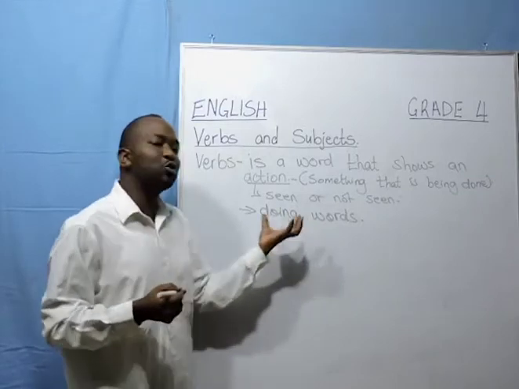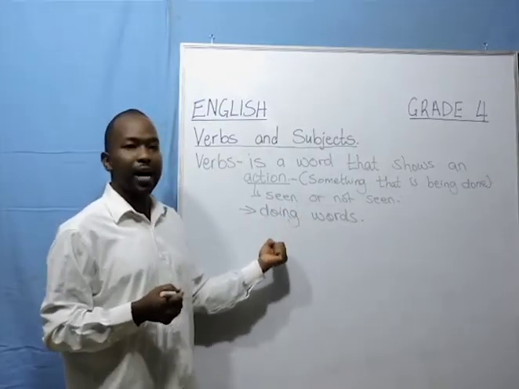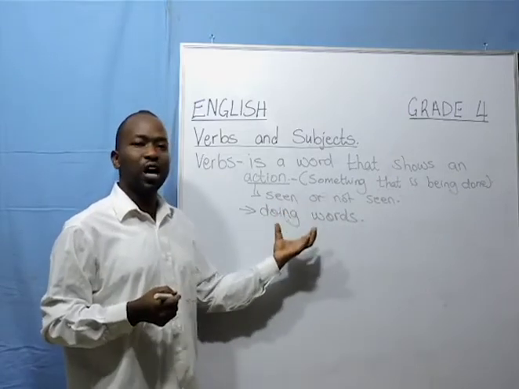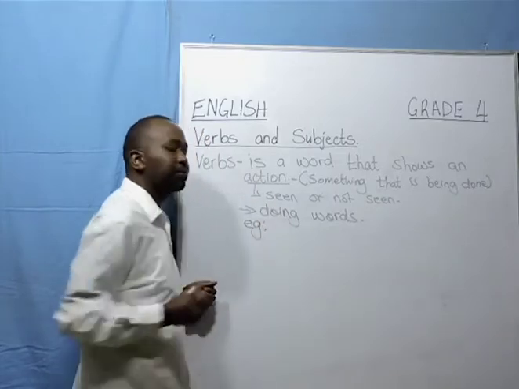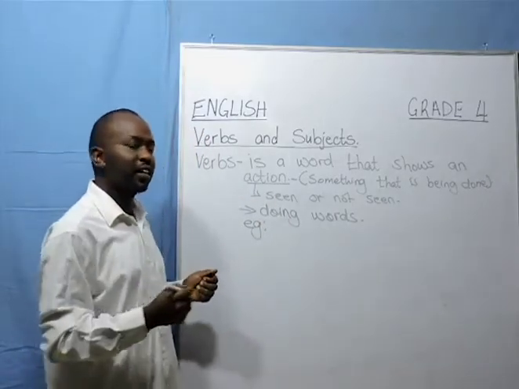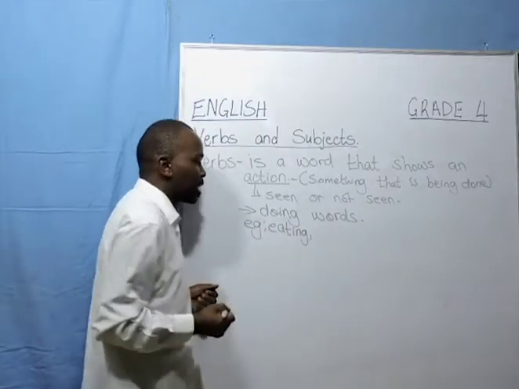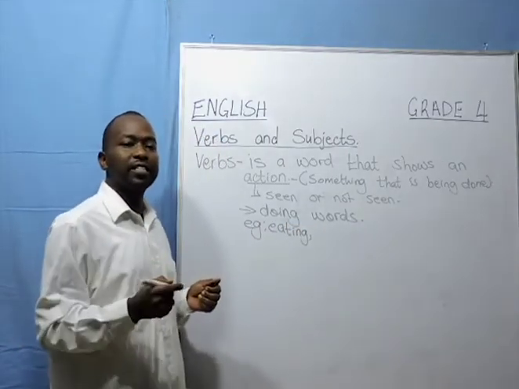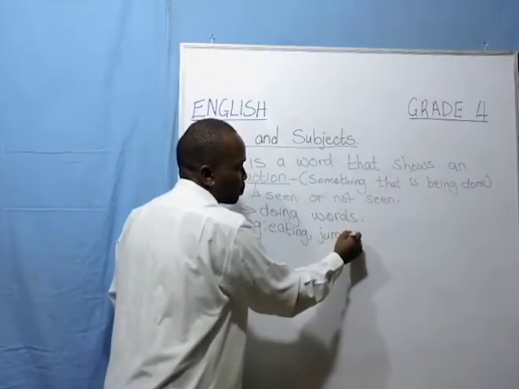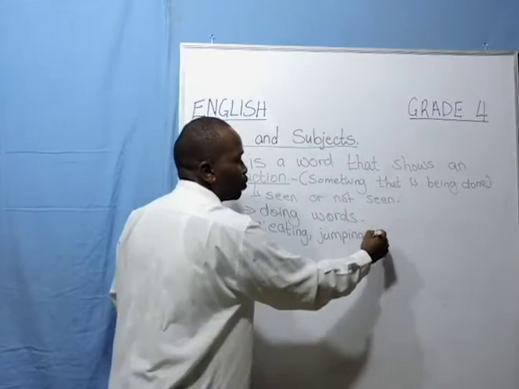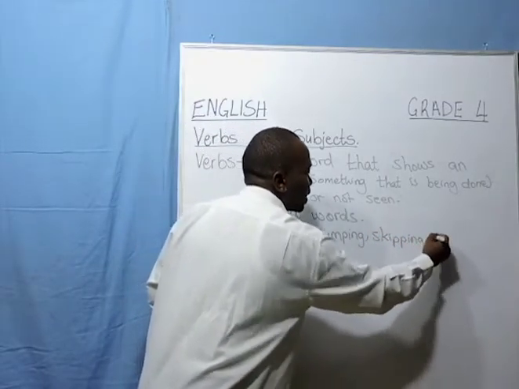Now, having mentioned doing words, I am sure these are very familiar words. And we can mention some of the doing words that we have. Examples are eating, jumping, skipping, writing.